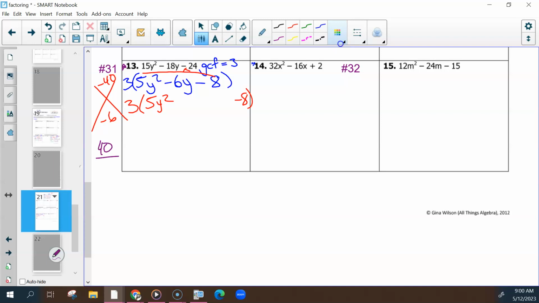What are some factors of 40? Times 4. If one of those were negative, would that work? Negative 10. So rewrite this into 4 terms. The 3 on the outside stays. Your variable is now y.